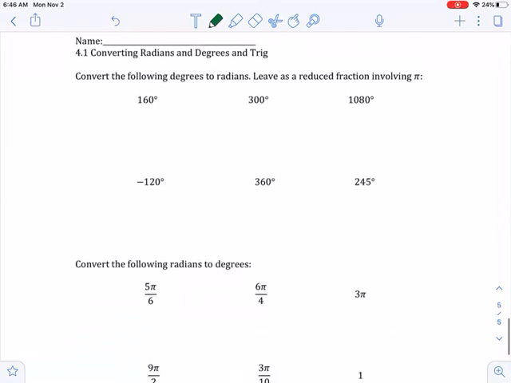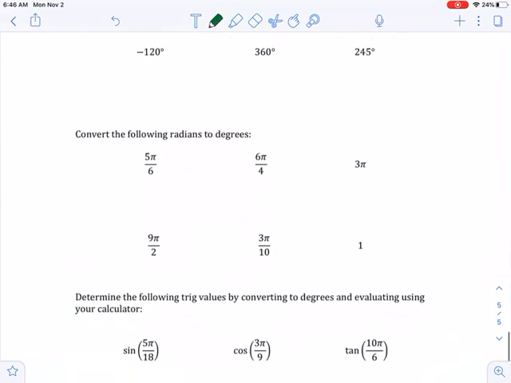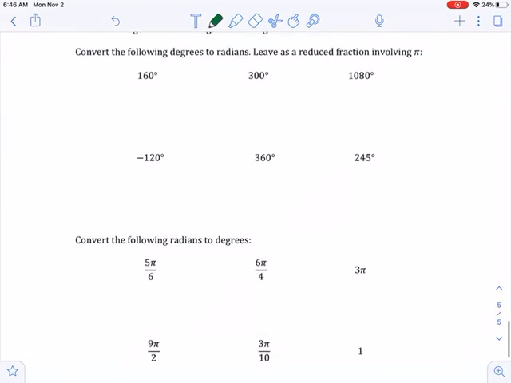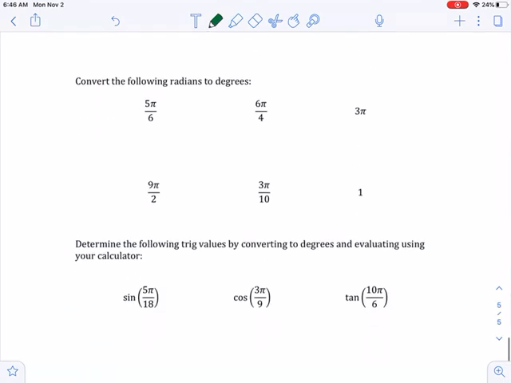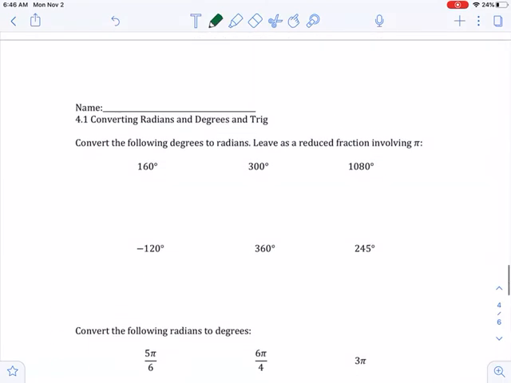And then the last piece of today's lesson is converting back and forth on here and trying to figure out some of these trickier ones down here, where you'd probably want to convert to degrees first and then plug that into your calculator. If you have a fancy calculator, you can do it all at once if you know how to mode switch to radians, but I'll show you that in class as well. All right, thanks everybody.